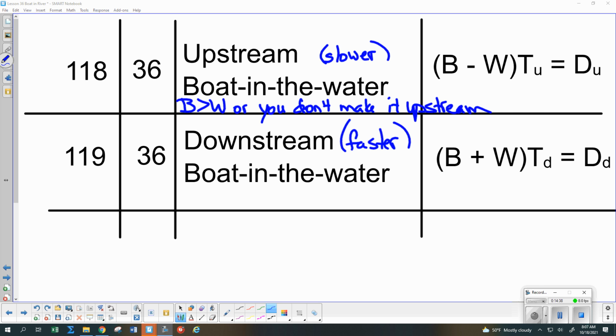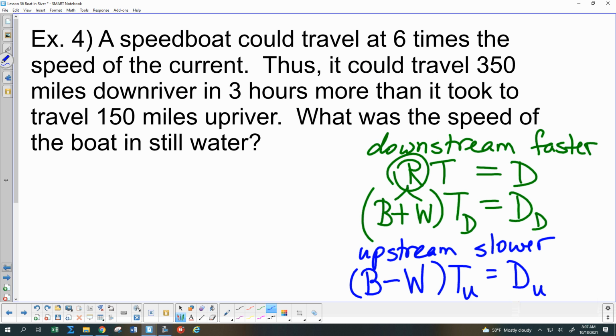So then going back and using these in our problem, we know that the boat goes at 6 times the speed of the water, so boat equals 6W. We know that our downstream distance has to be 350.